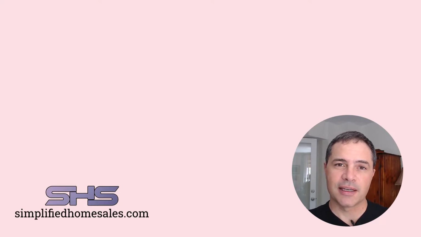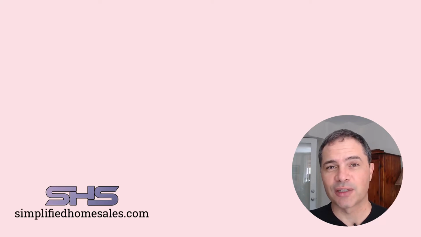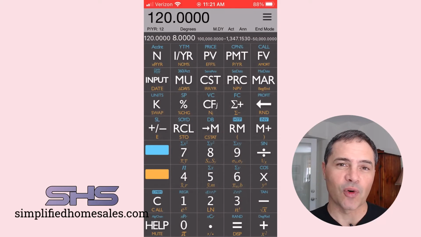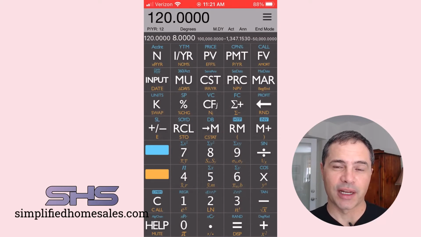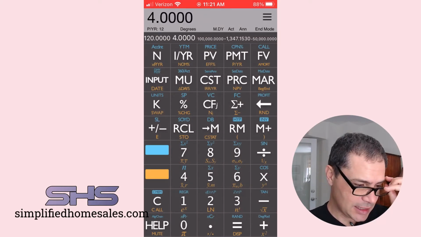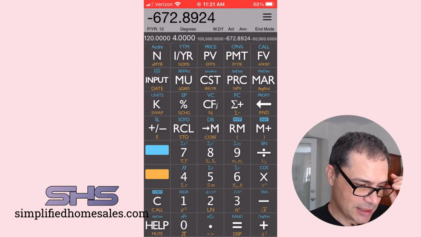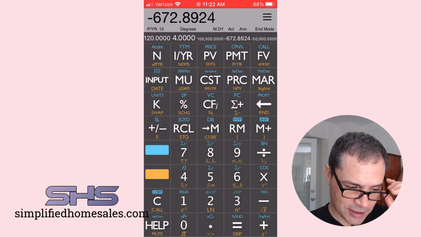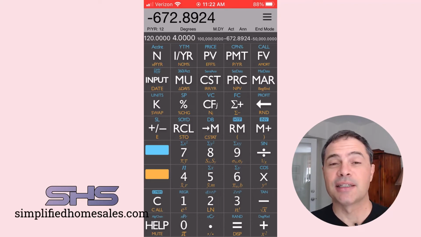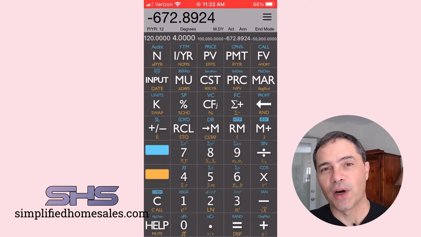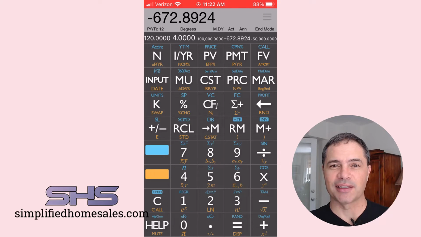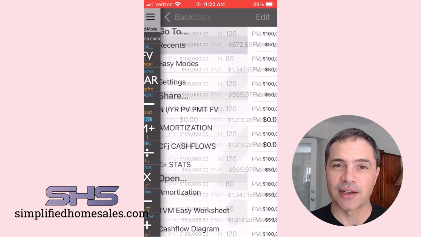Back when interest rates weren't 8%, let's pretend they were 4%, and they're not 4% right now. We can see that for $100,000 for 10 years, the payment is not $1,213, it's $672. What a different story that paints for the amount of interest paid on a mortgage.